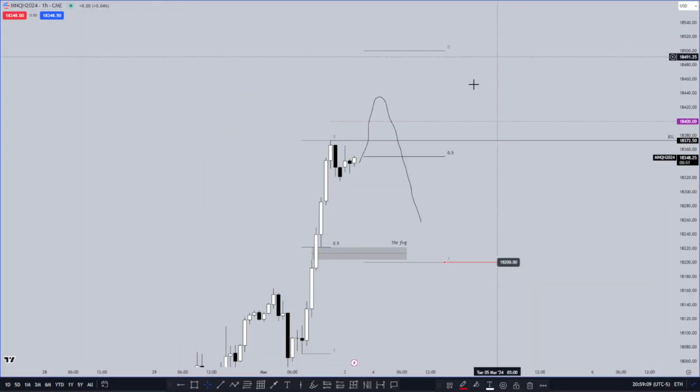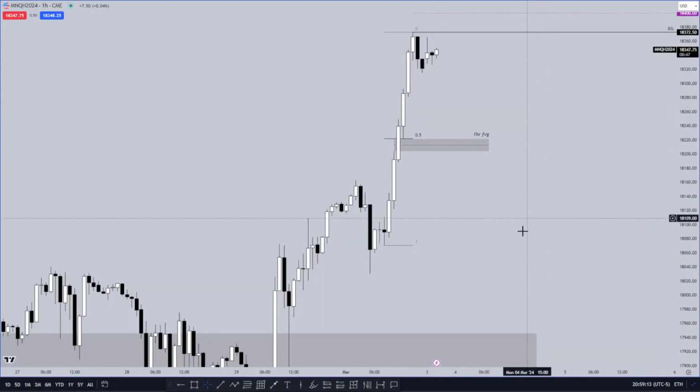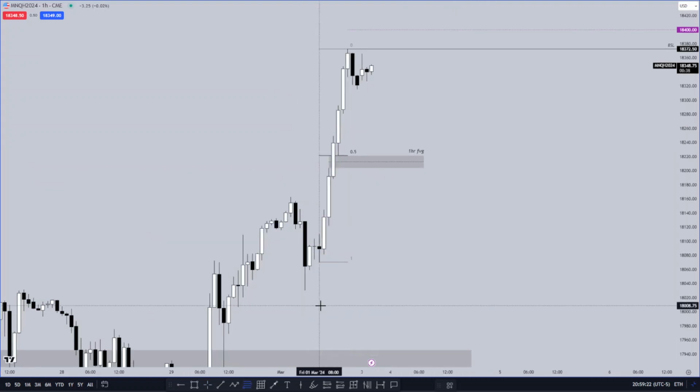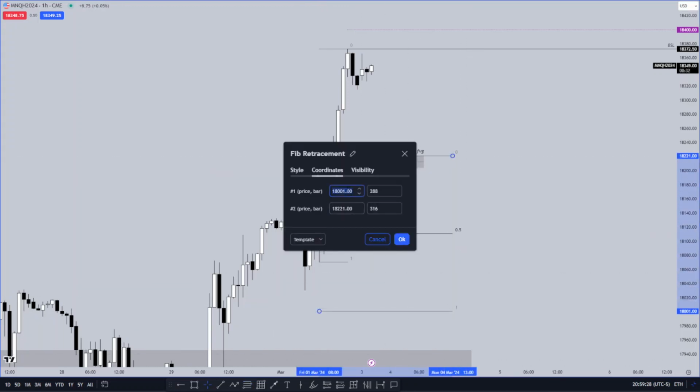So between these two price levels, if we take this 20 level, this even level right here, you could see from here.